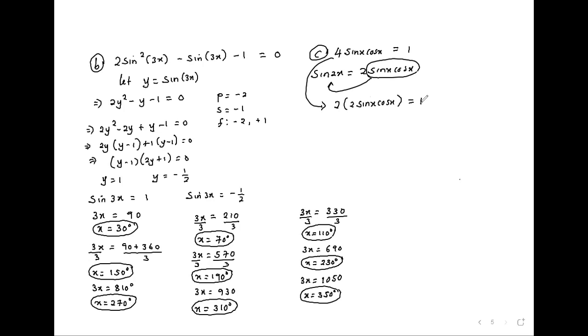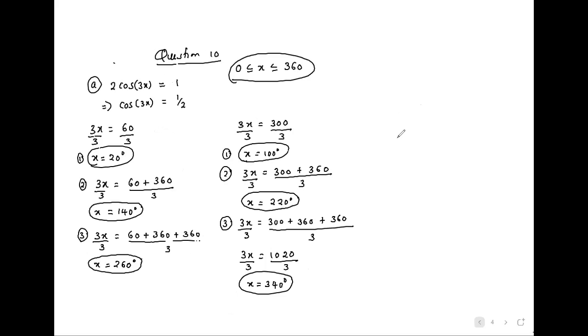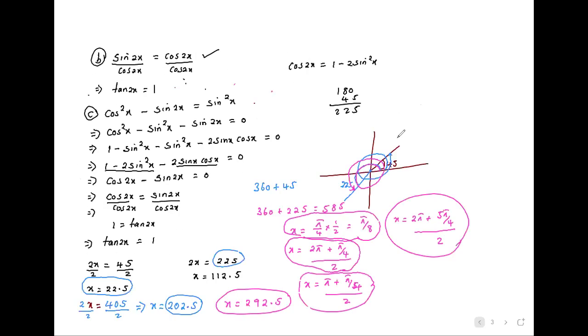You understand? And then this now becomes 2 sine 2x is equal to 1. So that you get this. So now you've gone into sine 2x is equal to half. I think we did this. Did we? I think we did. Oh, okay.